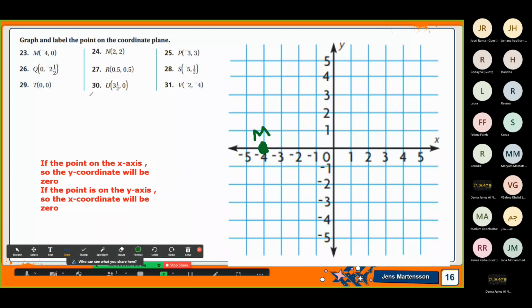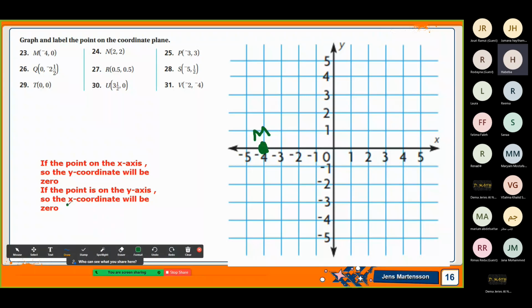Now, Q. Yes, teacher. Q, where is it? 0 and negative 2.5. If x is 0, what does it mean? So you are on which axis?